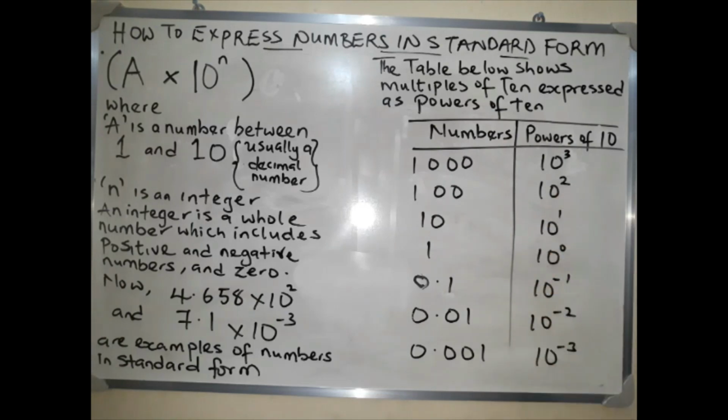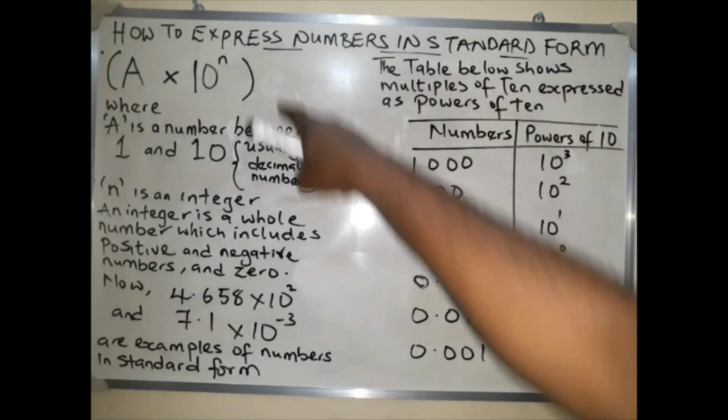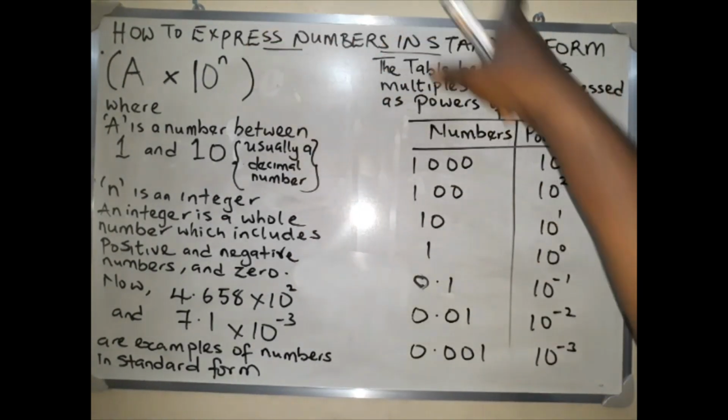Now, the reason why this table is very important is because of these values here. They represent the numbers which you will be given and asked to express in standard form. And then these powers of 10 represent this 10 raised to power n.